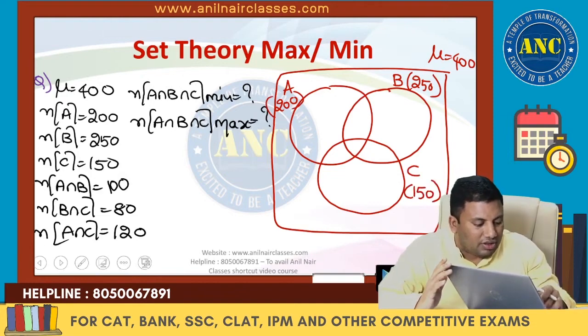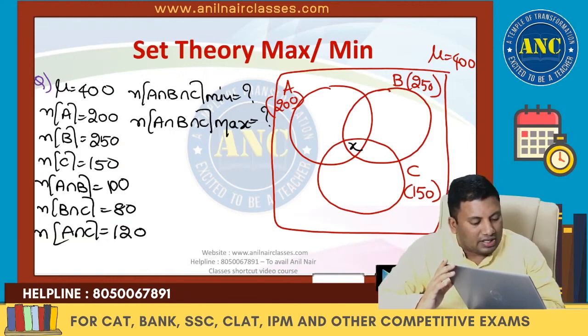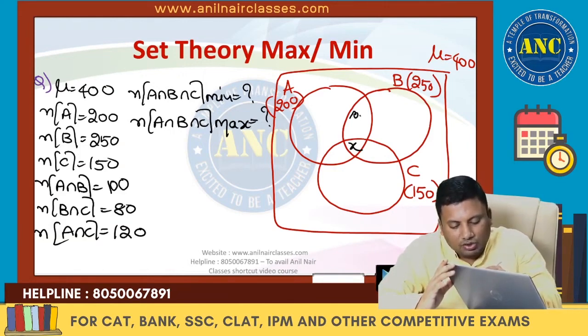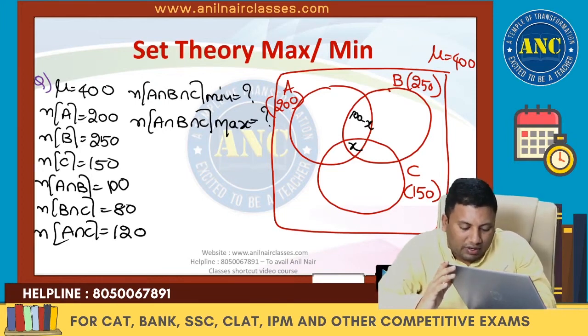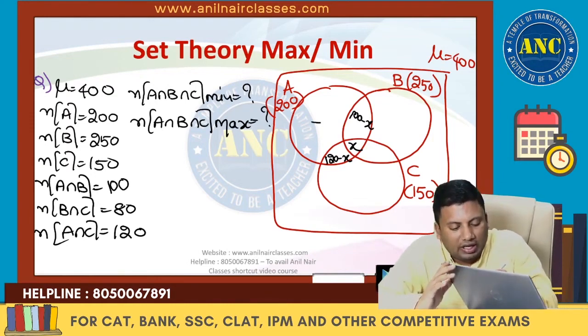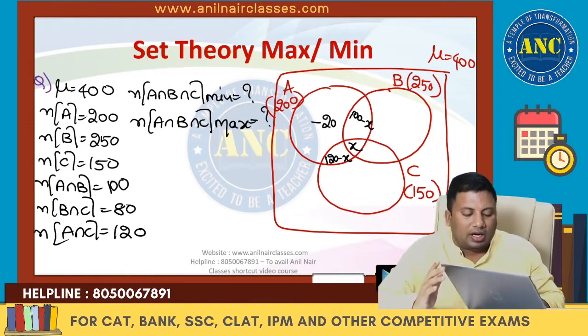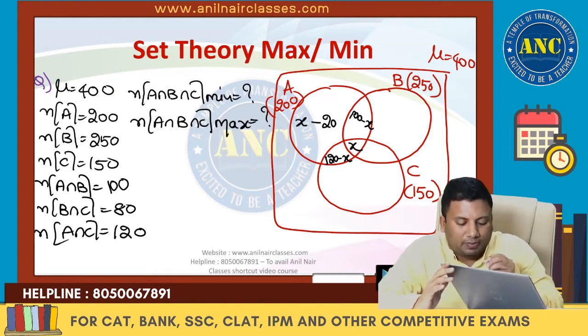This is X value. A intersection B is 100, so 100 minus X. A intersection C is 120, so 120 minus X. 100 plus 120 is 220, outside it is 200, minus 20. Minus X two times, so it is plus X.